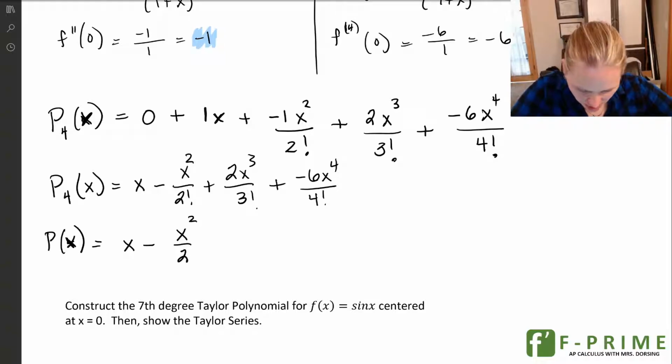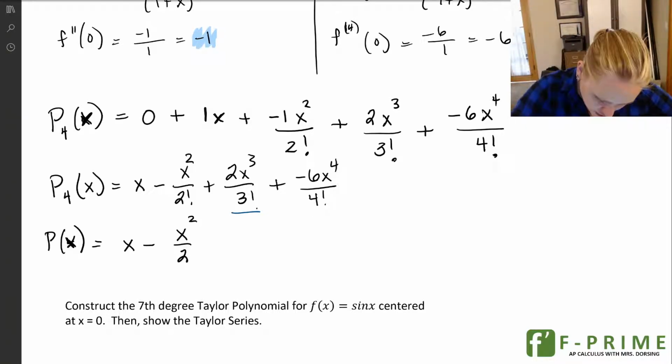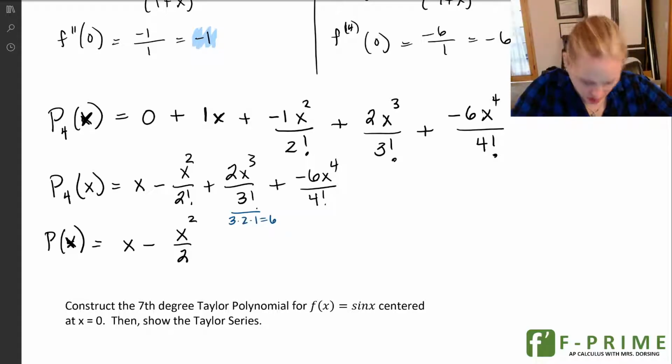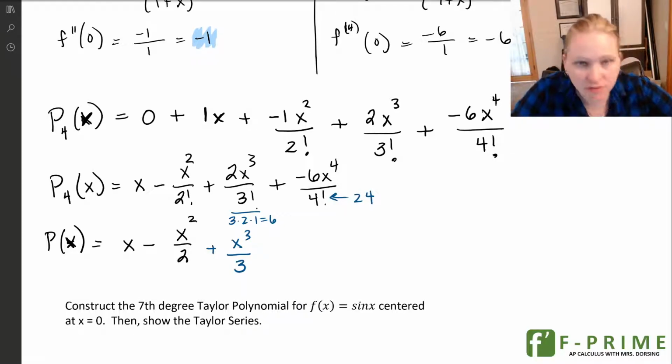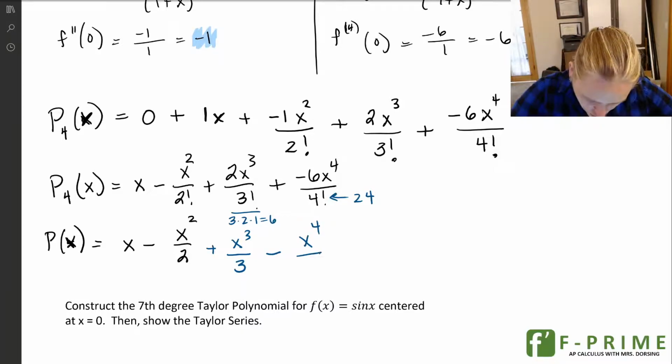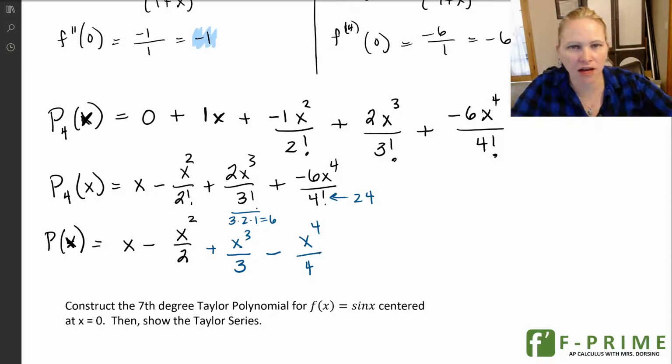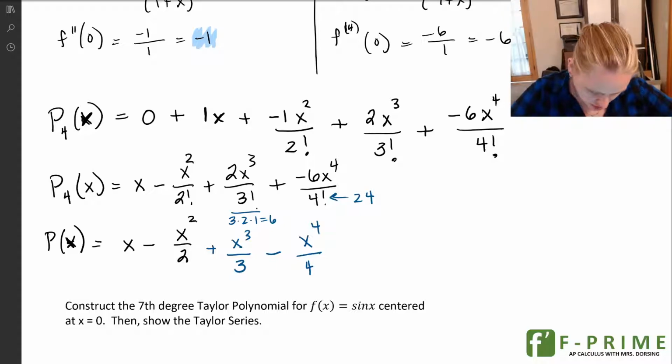And then because I know that 3 factorial is 3 times 2 times 1, that's 6. Well, 2 over 6 reduces down to x cubed over 3. And I also know that this is 24. So negative 6 over 24 means I'm going to have minus x to the 4th over 4. And you notice there's this pattern happening where it's this alternating series.